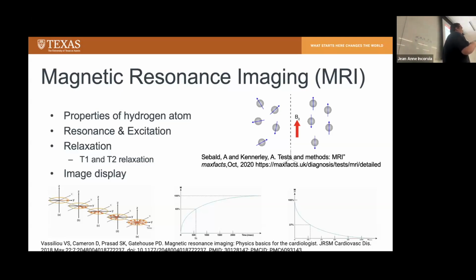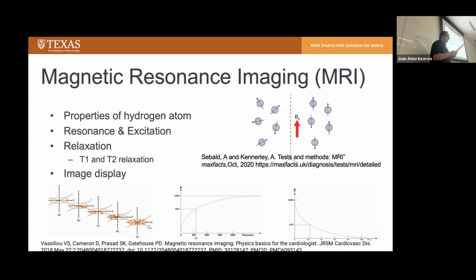So that basically not only emits energy, but it also takes in the energy. The energy that it emits is in the form of a frequency, and in this case, it produces the rotational, or Larmor, frequency.